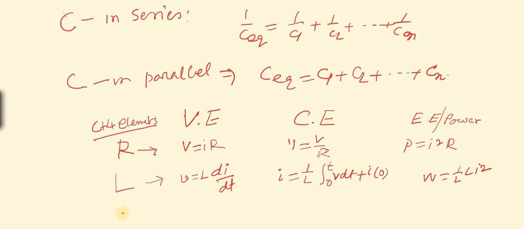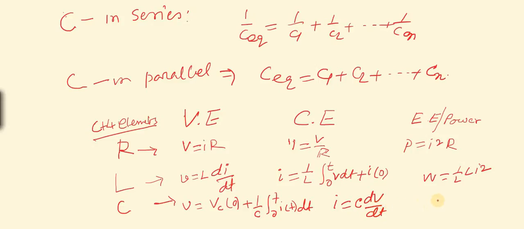And for the capacitor, what is the voltage equation? We have just seen V is equal to the initial voltage value plus 1 by C integration of i dt. The current equation is I equal to C dV/dt. The energy is W equal to half C V square.